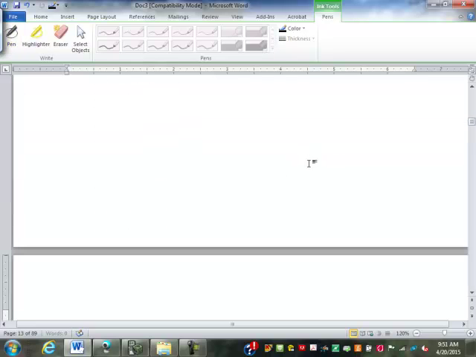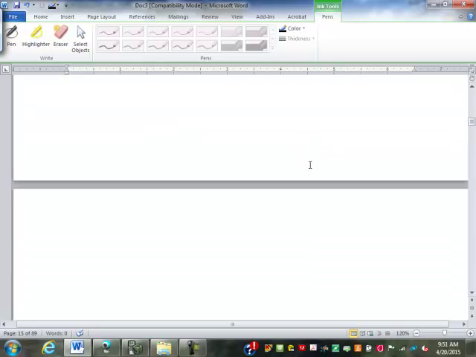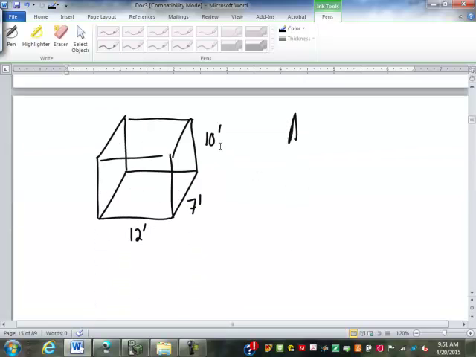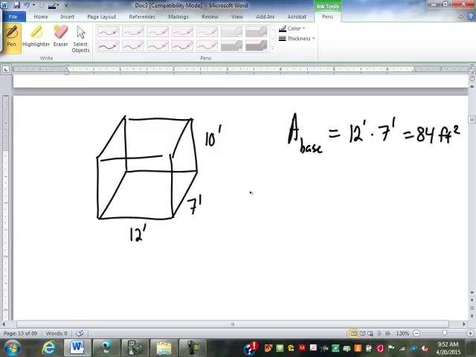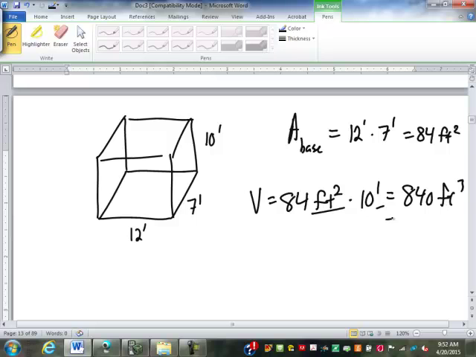Well, the area of that base is 12 by 7, or 84 square feet. So then the volume will be that area of the base, 84 square feet, times a height of 10 feet. So 840 square feet times feet is cubic feet, or feet cubed.